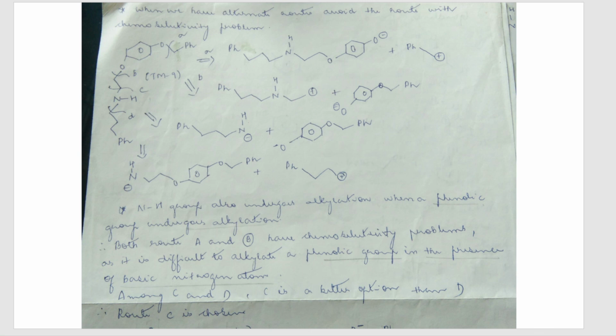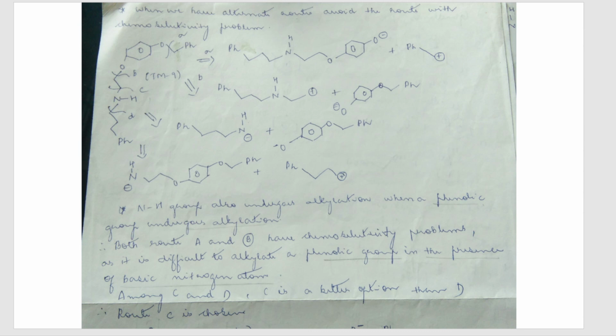You will prefer a route that has less chemoselectivity problem. Okay, because here it is very difficult to alkylate the phenolic group when you have a basic nitrogen atom, because that will undergo alkylation before alkylating the phenolic group, or along with the phenolic group. So you have to see which route has less chemoselectivity problem.